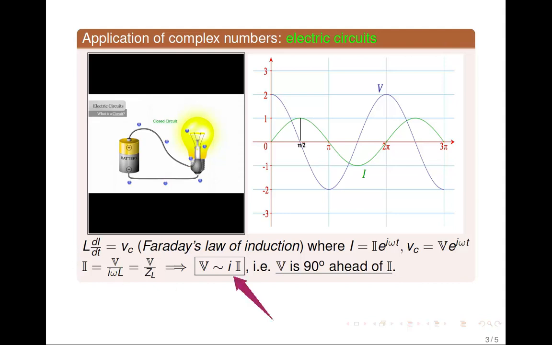So the voltage is proportional to iota times I, which is something very interesting, because if you recall what we said in the previous slide, when you hit iota to an object, it turns that object by 90 degrees. Well, in this case, we don't have an object, but we have a waveform which we can see with the help of an oscilloscope. In fact, the output of this particular oscilloscope for this particular circuit is shown here above.